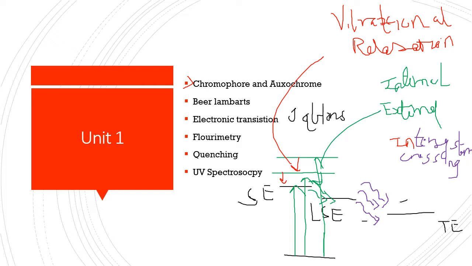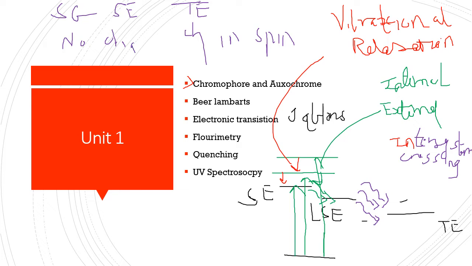So always remember that there is a singlet ground state, a singlet excited state, and a triplet excited state. In the triplet excited state, there is a change in the spin, while for singlet excited and singlet ground, there is no change in spin. There is presence of pairs. Here there are the same spins. They are unpaired.